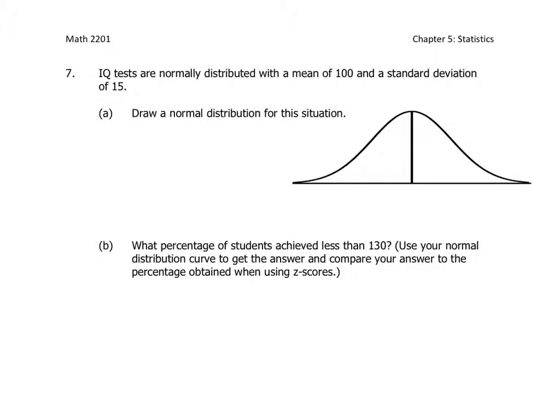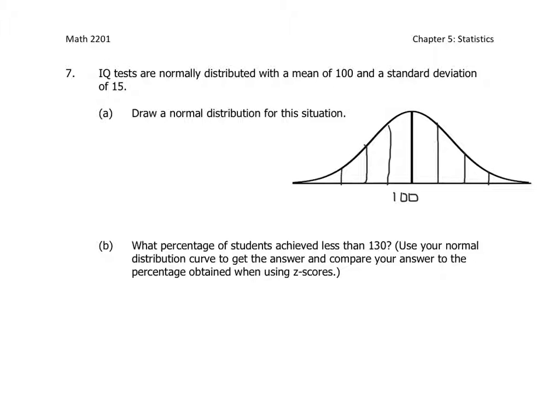Okay, question 7. IQ tests are normally distributed with a mean of 100 and a standard deviation of 15. So we're asked to draw a normal distribution for this situation. So this is going back to what we did in section 5.4. So this would be 100. I'm just going to draw my lines first. This is 1 standard deviation, 2 standard deviations, 3, and this would be 1, 2, 3.